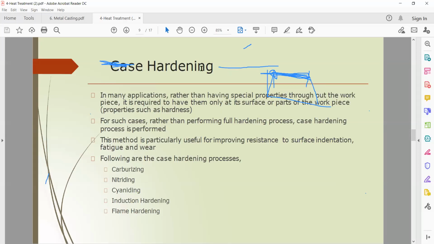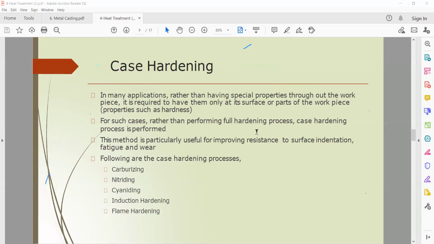The next one after age hardening is case hardening. Case hardening means normally, if you are doing any heat treatment process, in most of the cases the whole metal is used for your hardening process, maybe the outside layer and the inside core.